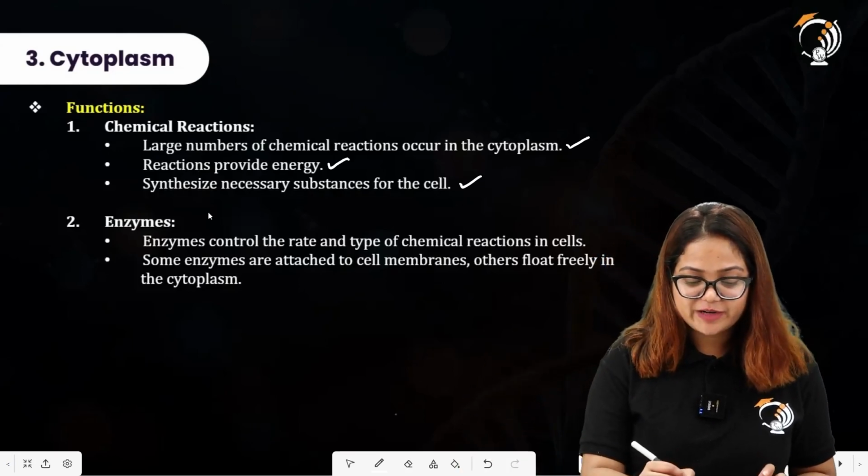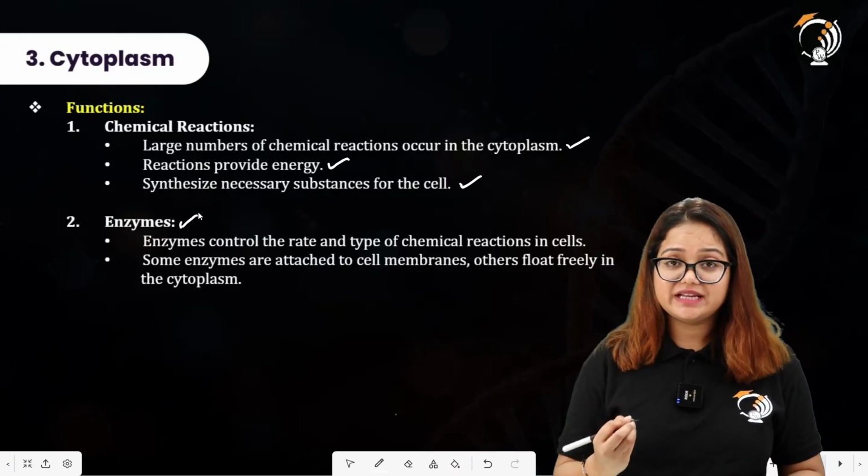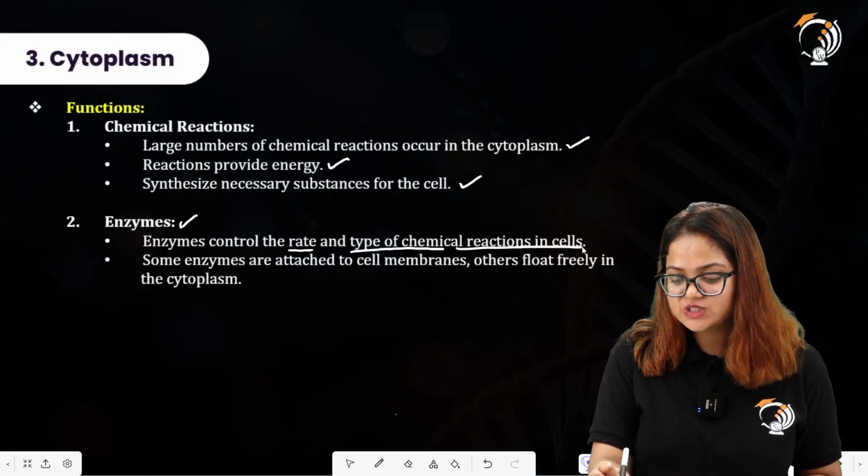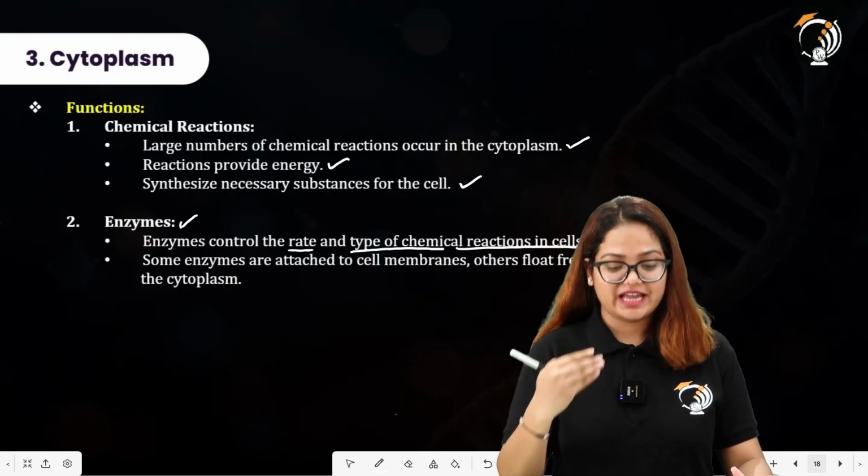Then the cytoplasm provides the region for enzymatic activities as well. Enzymes control the rate and type of chemical reactions in cells. So what are enzymes?